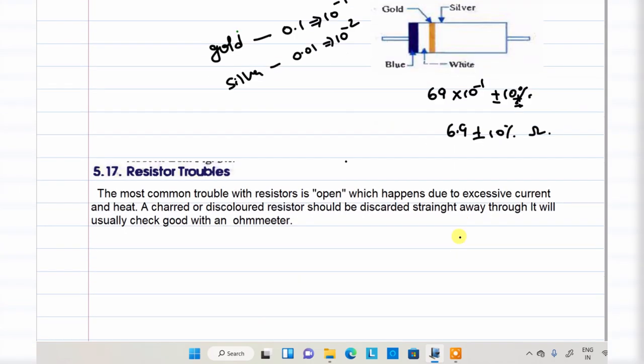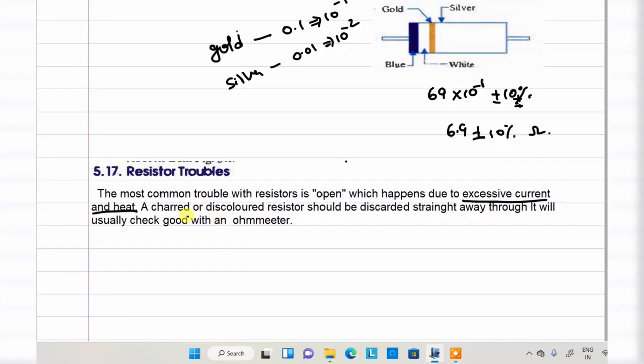Next, in this third case, suppose the colors are not visible properly on the resistor. How do we measure the resistance? A common trouble with resistors is that they open. When excessive current and heat are produced in the resistor, it may become open circuited.